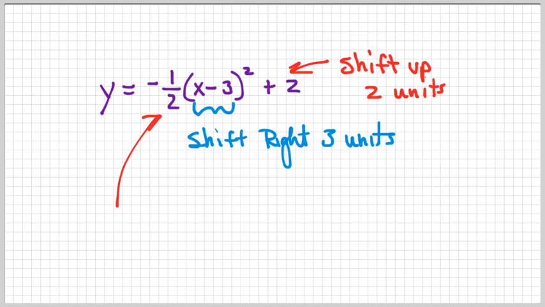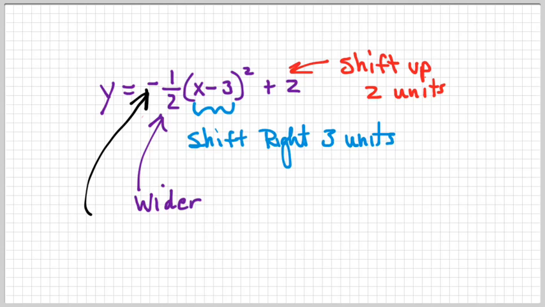And the half, oops, let's use a different color to be consistent here. The half will make it wider than the parent function, and the negative sign will make it open downward. That's about how we would describe it. We'd say this parabola opens down, it's wider than the parent function, and shifted right by 3 and up by 2 units. Hopefully that helps.